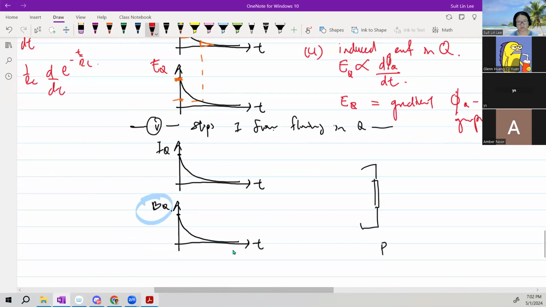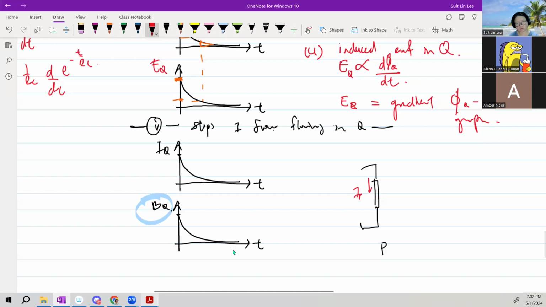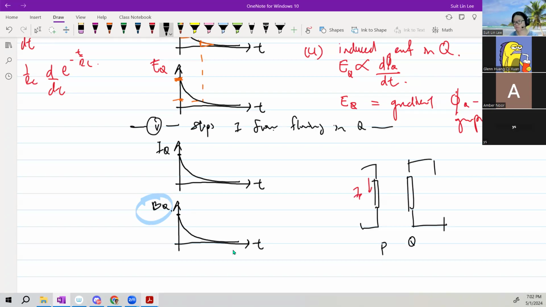This is the direction of the current in P. Then this one, this is Q. I want to oppose the change causing it. So I will try to push away. Push away would be the opposite direction. This will be your IQ. But no current.